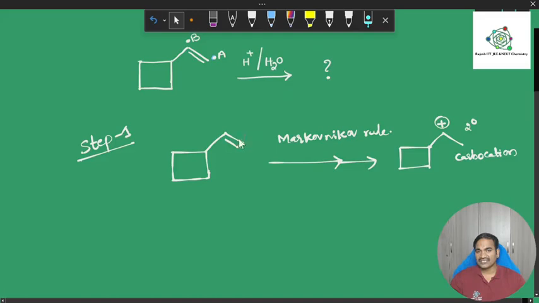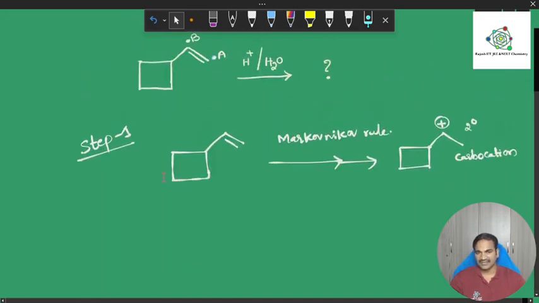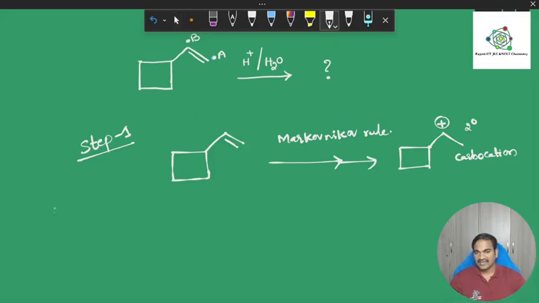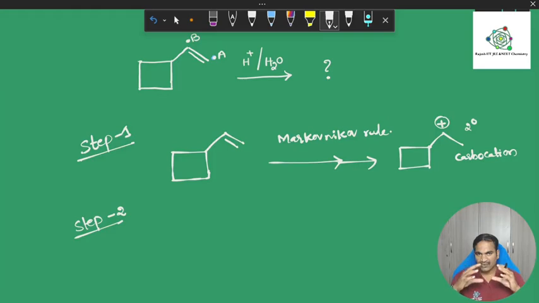The main story starts from here. What is that main story? Ring expansion. Step 2, we have to talk about ring expansion. What is ring expansion? The ring will be expanded. That means a 4-membered ring will be converted into a 5-membered ring, or if they give a 5-membered ring, it will convert into a 6-membered ring. Why is this ring expansion possible?